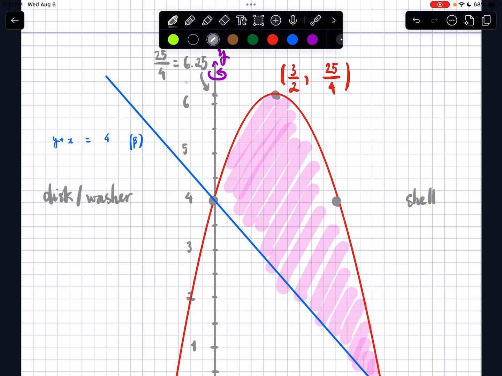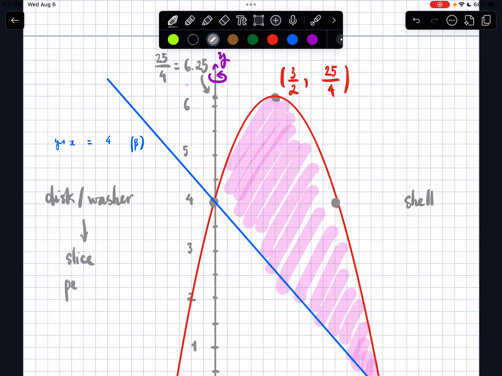For the washer method, what we do is slice perpendicular to the axis of revolution. So that's what we usually try first.